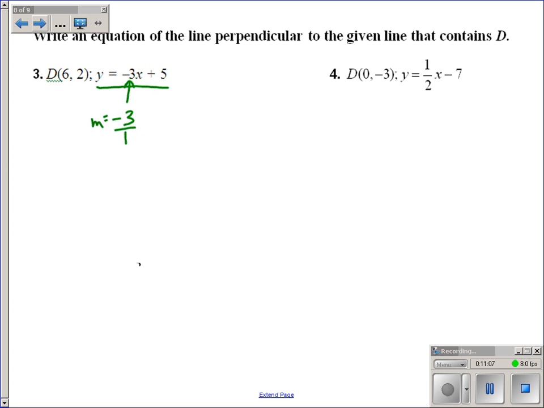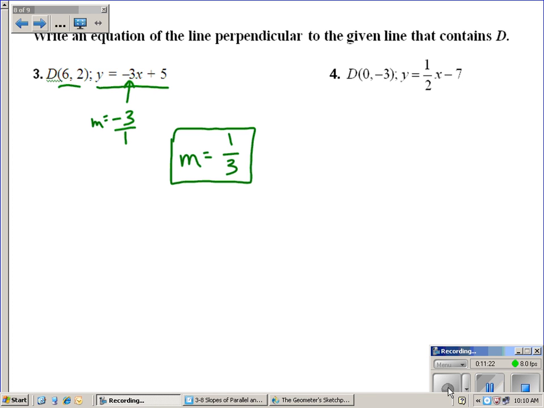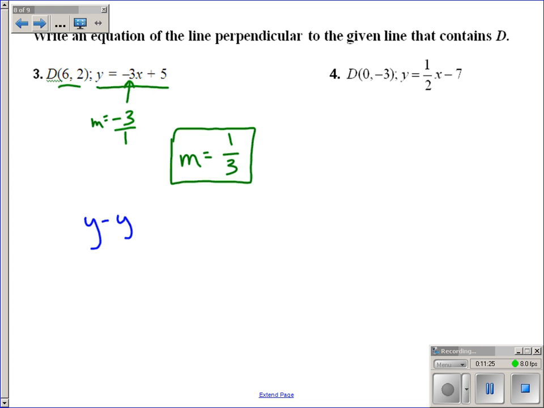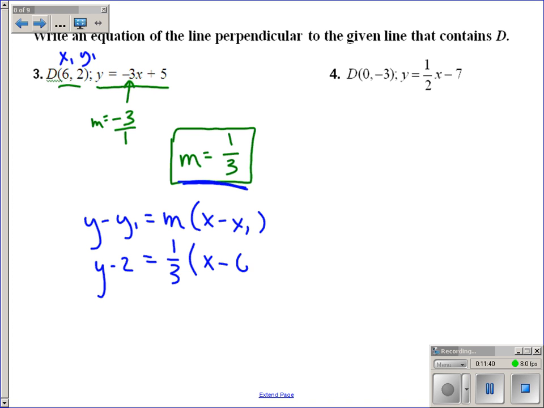And so I'll flip it over and change the sign, and my line will have a slope of 1/3, a positive 1/3. Okay, so I'll use this slope and this point to write the equation of a line. I will use y minus y1 is equal to m parenthesis x minus x1, where this is x1 and y1. And so I have y minus 2 is equal to the slope of the perpendicular line, 1/3 parenthesis x minus 6. And this is the equation of my line.